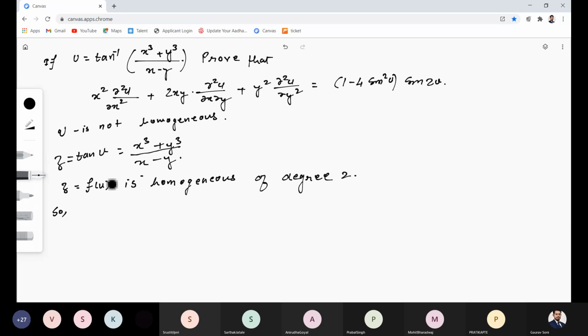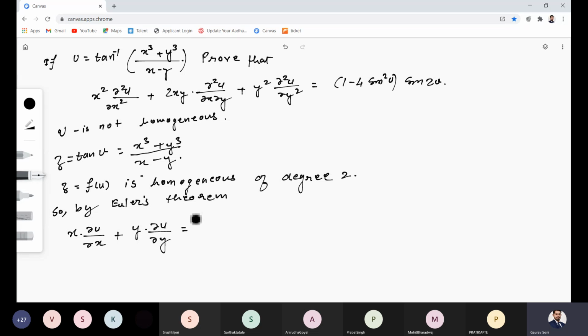So by Euler's theorem, what do we have? x partial derivative of u with respect to x plus y into partial derivative of u with respect to y is equal to which result? Original function is not homogeneous, but you have converted it to homogeneous.